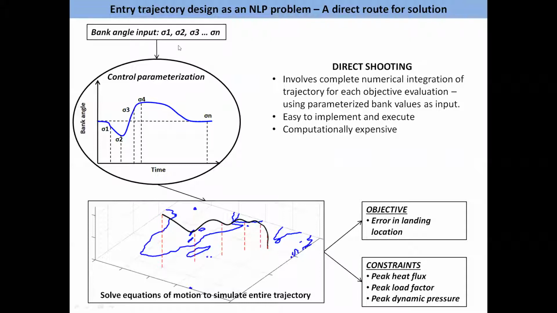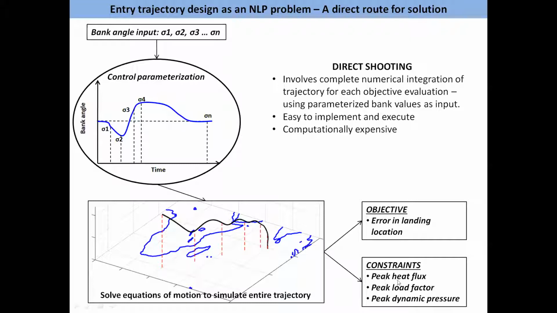So if you have that, just by feeding in these numbers, you can generate the bank profile, and with the bank profile, you can carry out a simulation of the trajectory by numerical integration. So once you simulate the entire trajectory, from that you can get your error in landing location, which could be your objective in the case of a single trajectory design.